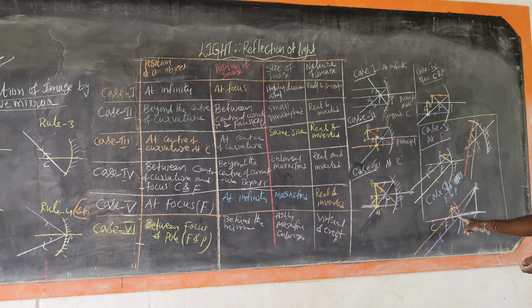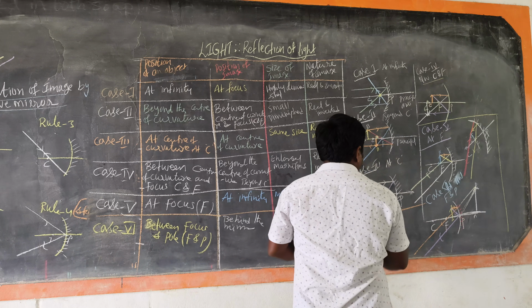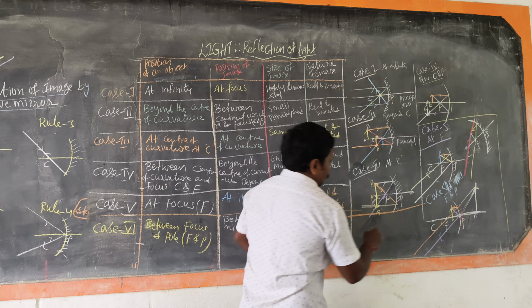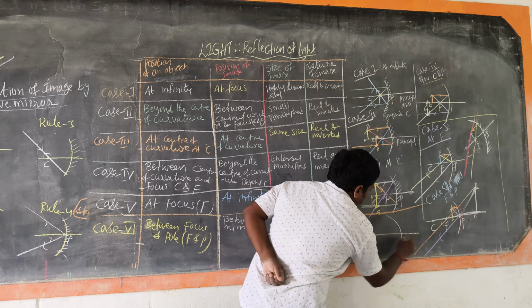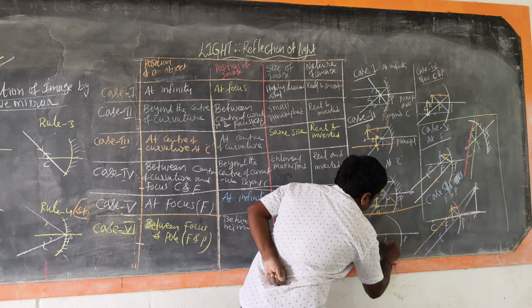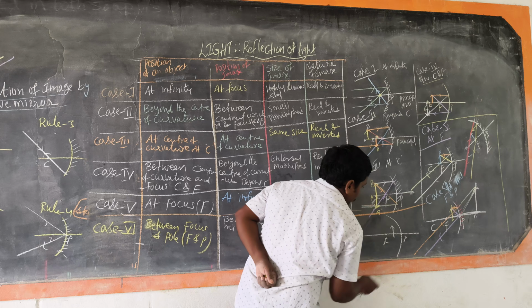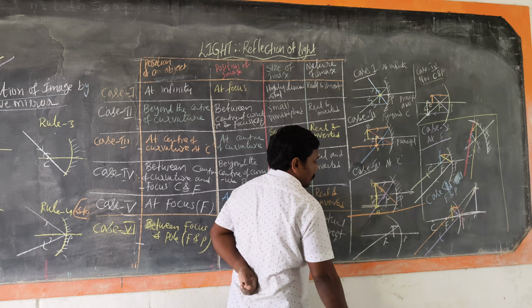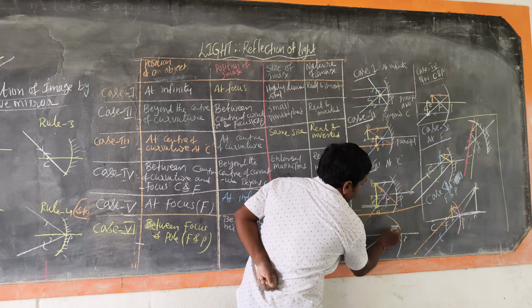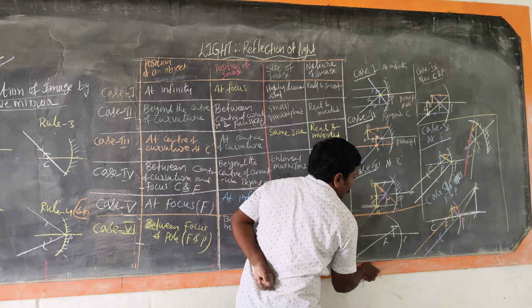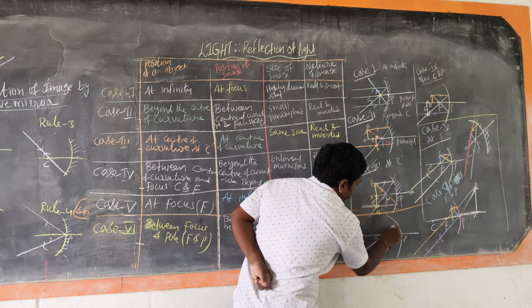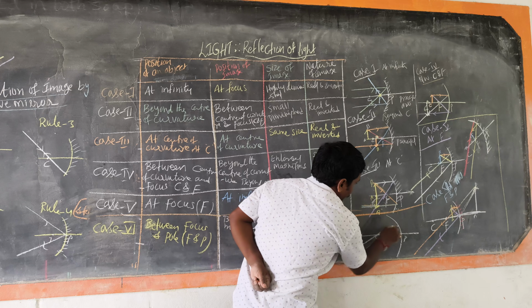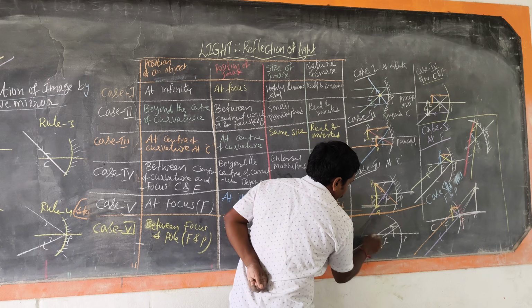Instead of taking the light ray incident on the pole at some angle to the principal axis, if the object is placed here, one ray is taken parallel to the principal axis, and the other one passes through the center of curvature.